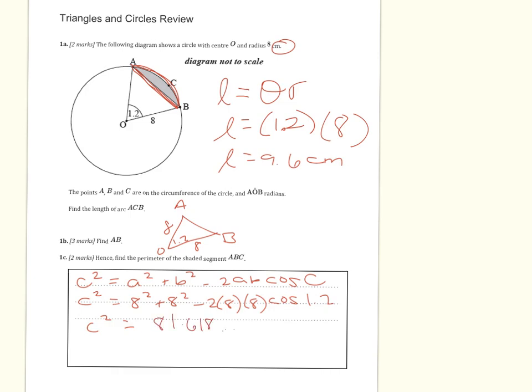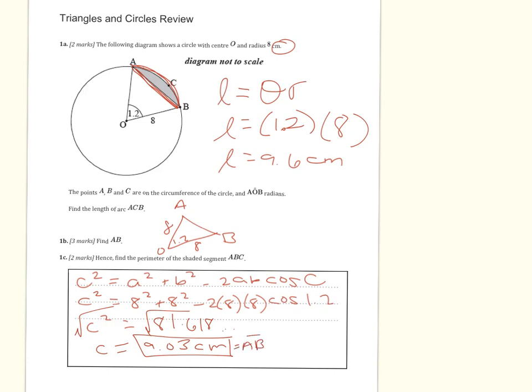Make sure that your mode is in radian mode when you're doing this on your graphing calculator. And then we take the square root of both sides to solve for that, and that gives us 9.03 when we round to 3 significant figures, centimeters. So that's our answer for AB.